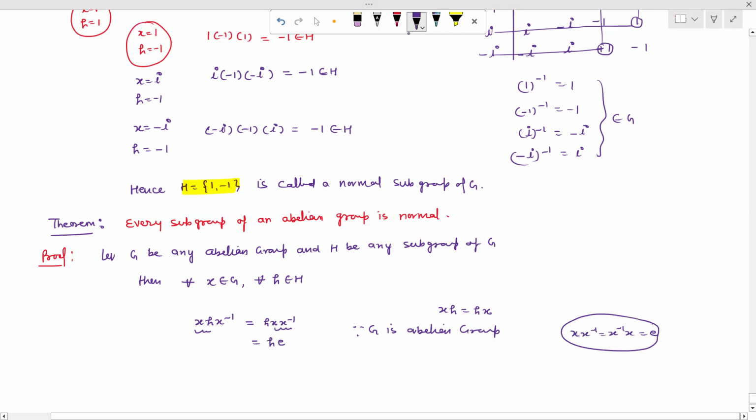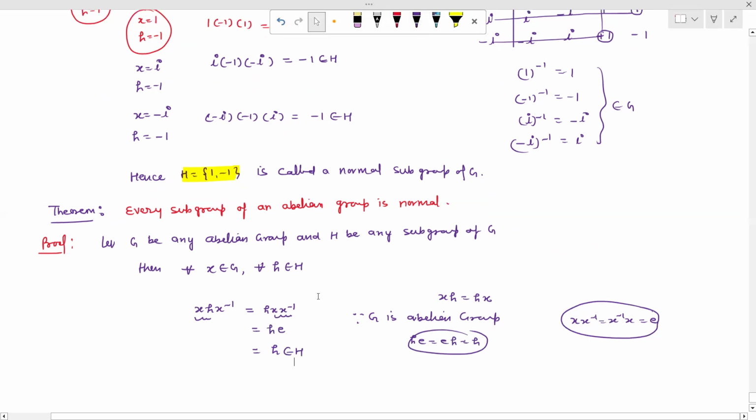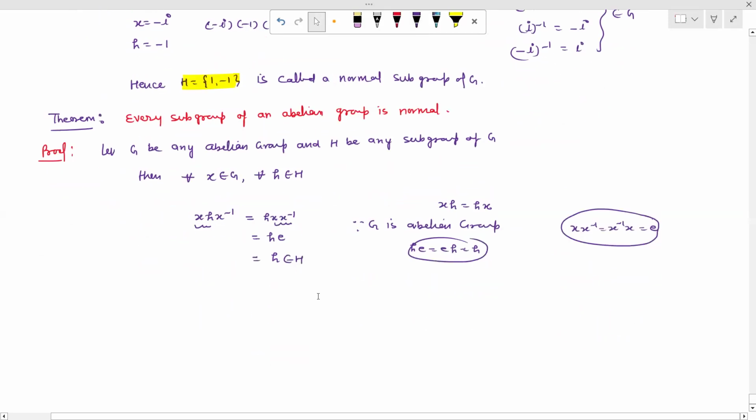So h e equals h by the definition of identity, and this h belongs to H. So x h x inverse is equal to h, so x h x inverse belongs to H. Then this is a normal subgroup.